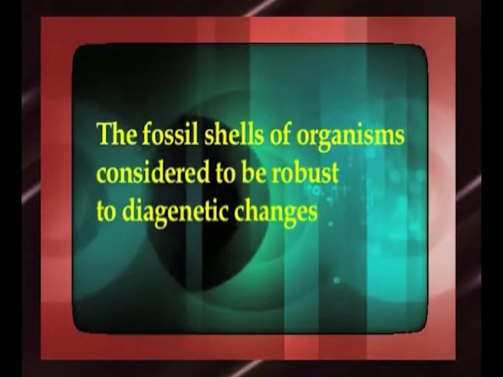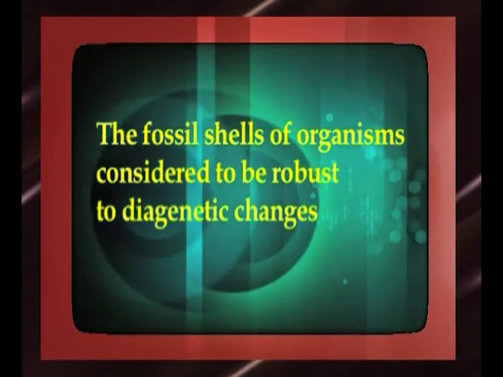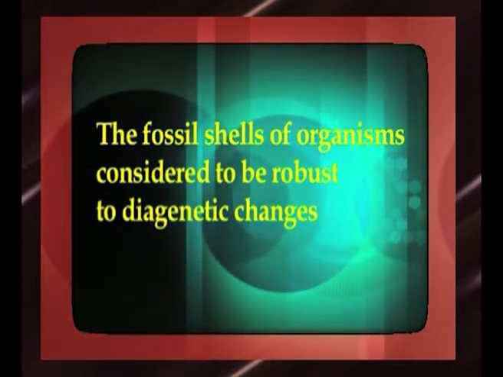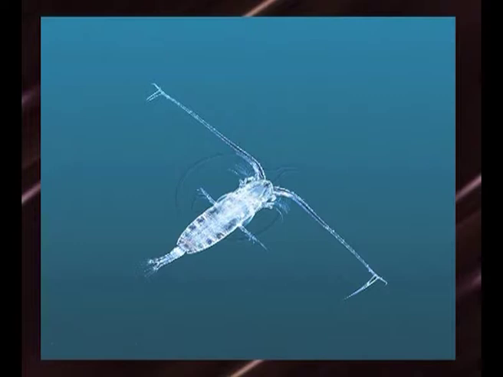The technique has most successfully been applied using the fossil shells of organisms considered to be robust to diagenetic changes, for example, planktonic forms, coccolithic oozes, etc. Such data have shown that oceanic waters have changed their isotopic ratios in concert with the waxing and waning of the ice caps during Quaternary glacial cycles.